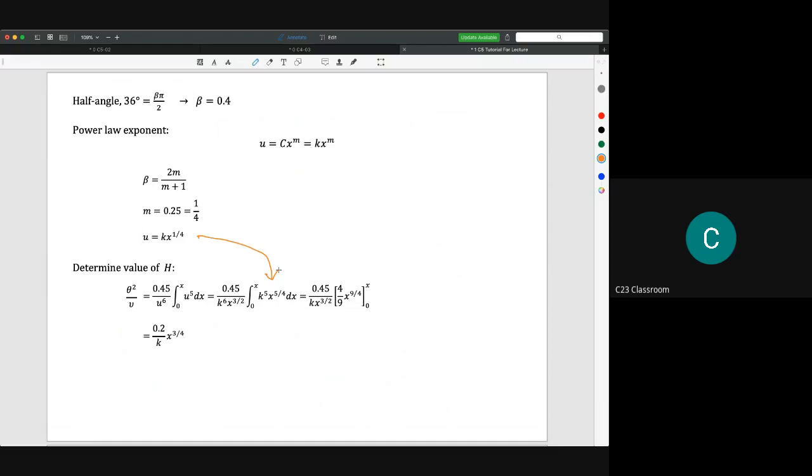We solve the integral process, so we could get this one. And then if we substitute the limit 0 to x, so 0 to x here reflects the total length of our object, we could get theta squared over nu is equal to this term.